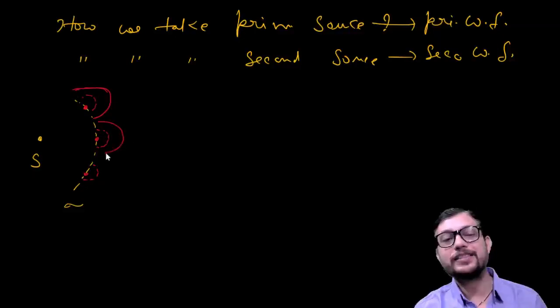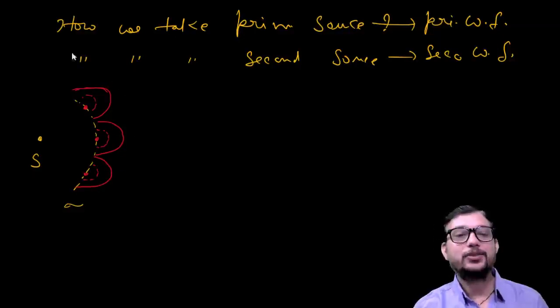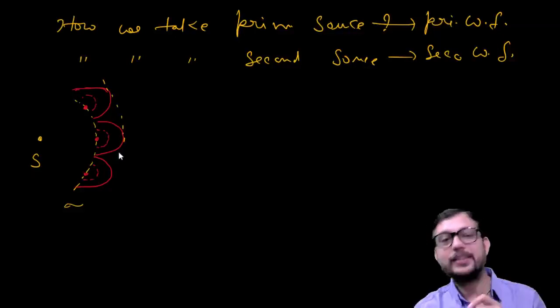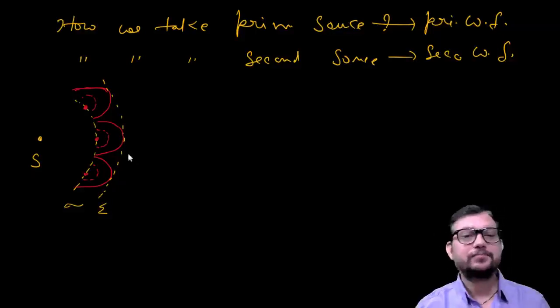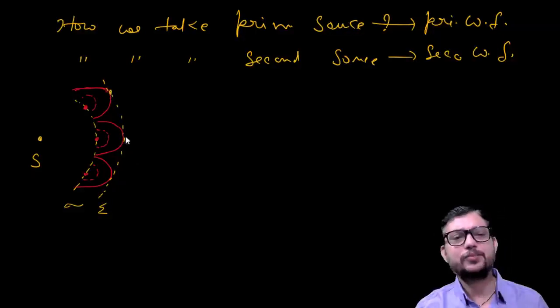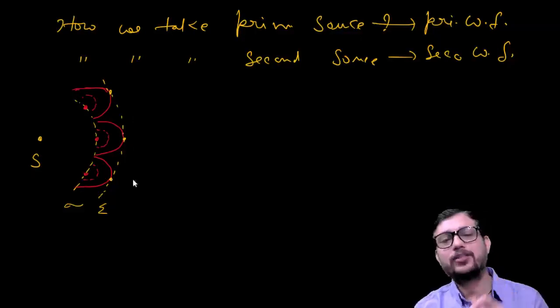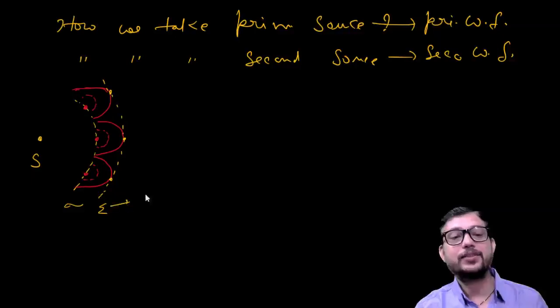So these things are very clear. Okay, and you have to draw a new wavefront like this, or we can simply say a tangent on the maximum disturbance, that is your capital sigma. So these points are the points of the secondary wavefront. So this is your secondary wavefront.